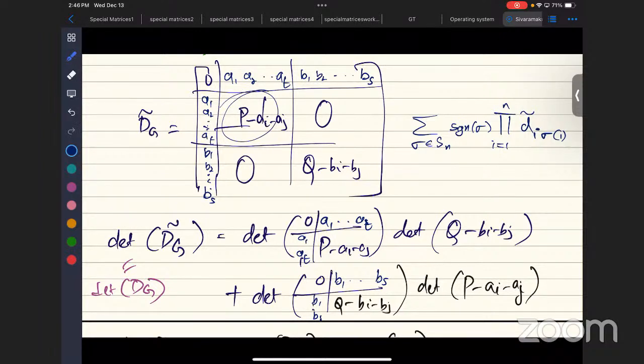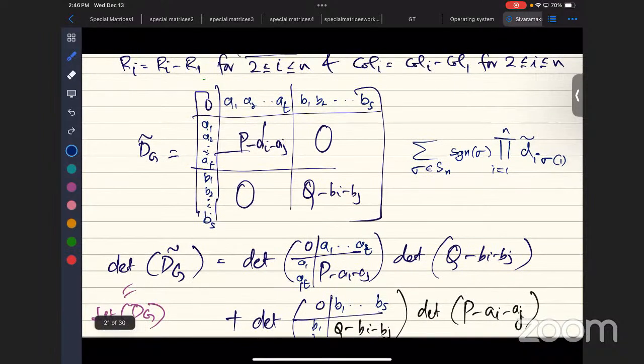We'll just account for the zeros coming from here. So suppose sigma maps 1, the first vertex, to any of the vertices in the first block, the block B.